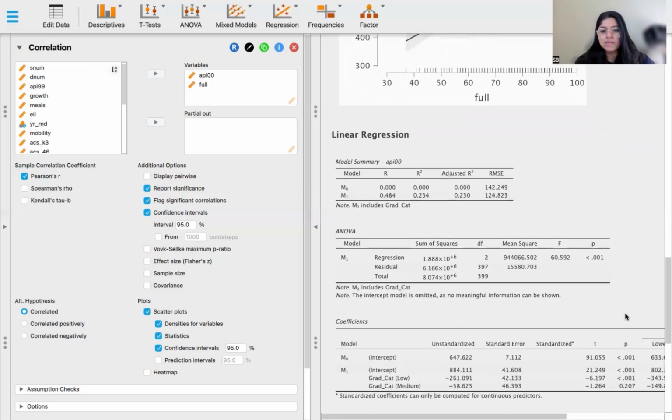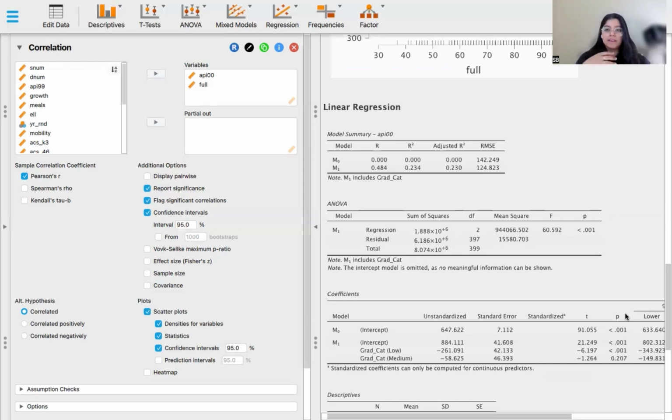Now moving towards the second question, that is, using a categorical variable to predict API 00. Here we analyze how a categorical variable derived from grad school predicts students' performance. For this question, we created a new variable, grad cat. Grad cat was calculated by dividing the graduate college degree variable into three equal parts: low, medium, and high.